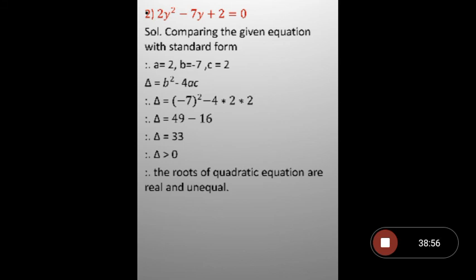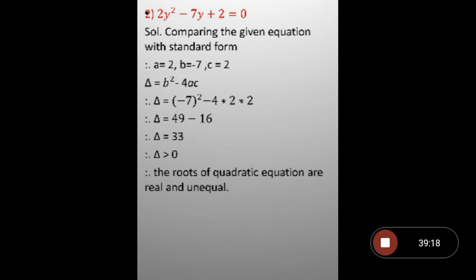Come to the second question of question 3. 2y square minus 7y plus 2 is equal to 0. Comparing the given equation with the standard form, a is equal to 2, b is equal to minus 7 and c is equal to 2. Delta is equal to b square minus 4ac.